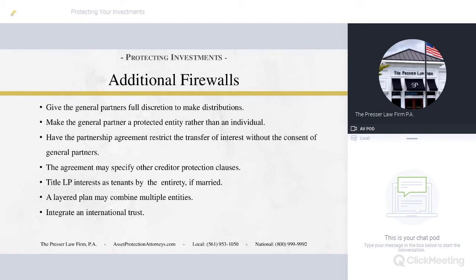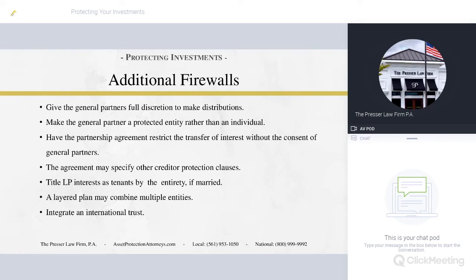Is it absolute? No, there's absolutely nothing that's going to be absolute against a creditor, but you want to put yourself in the best bargaining position that you can be in. And that's really the key, by the way, to asset protection. Most people do not ever want to live with a personal judgment hanging over their heads. They just want a way to be able to negotiate to get out of the judgment with the least amount of money.